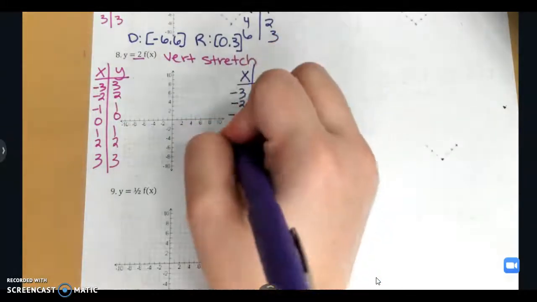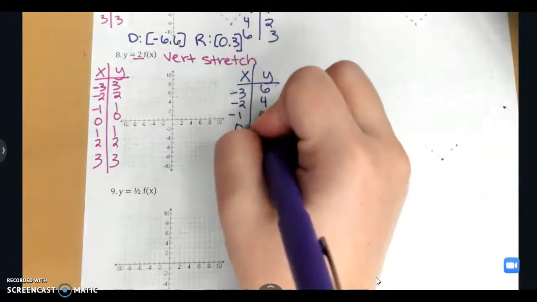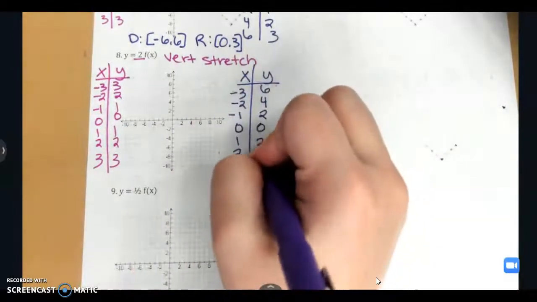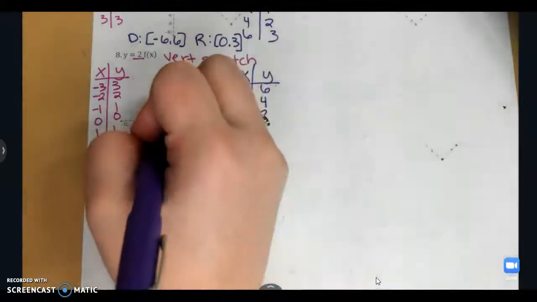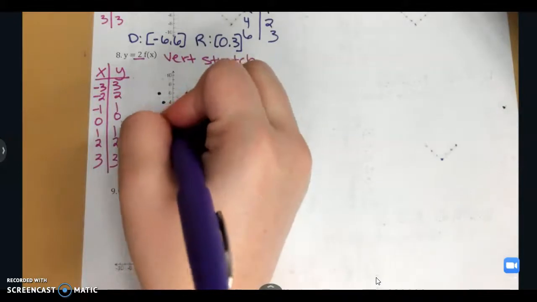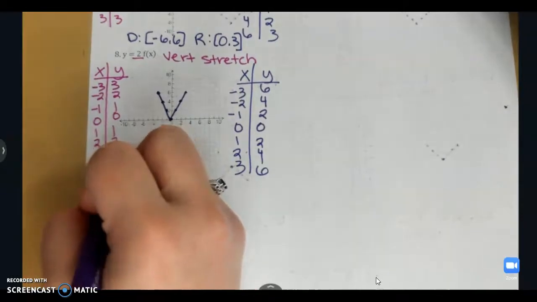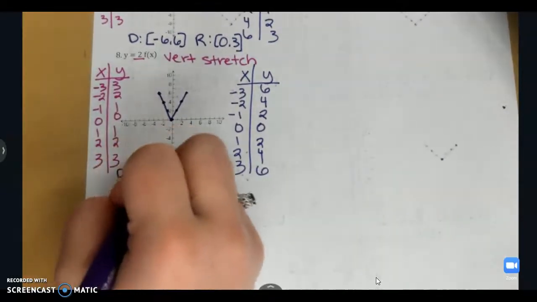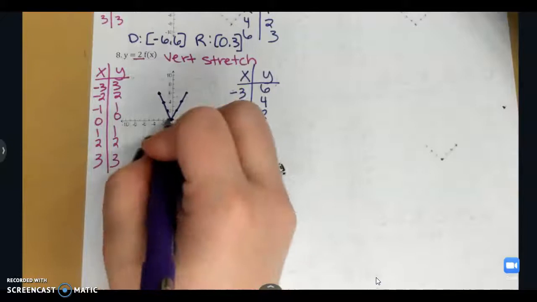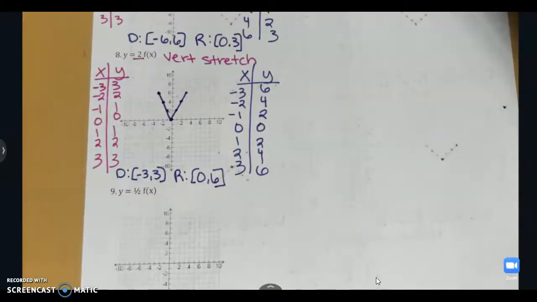And they're going to increase by a factor of 2, which means I'm going to multiply each of them by 2. And then we'll plot our new points. And so we stretched in the vertical direction. We got taller. Our domain stayed the same, so it's still negative 3 to positive 3. But our range now goes from 0 to positive 6. So when we have a vertical stretch, it changes the range.